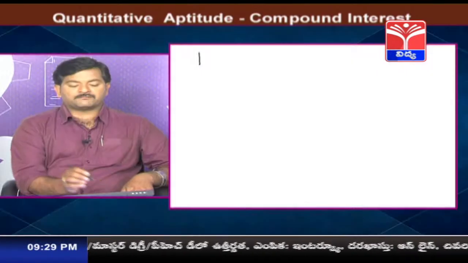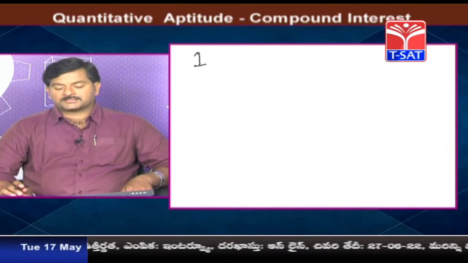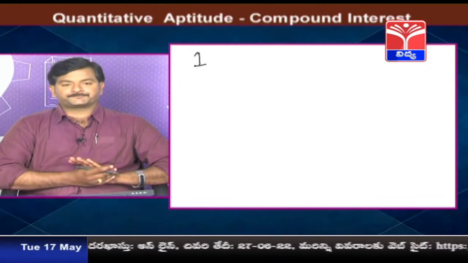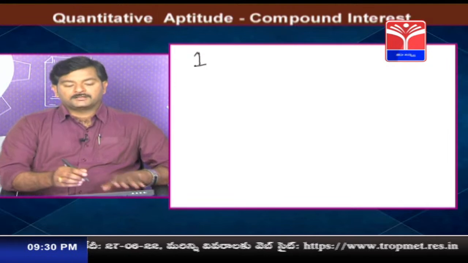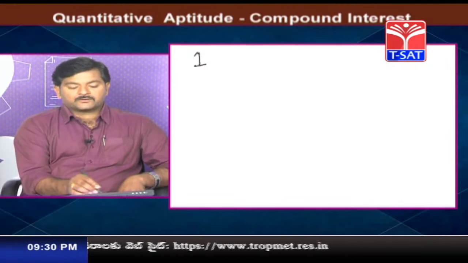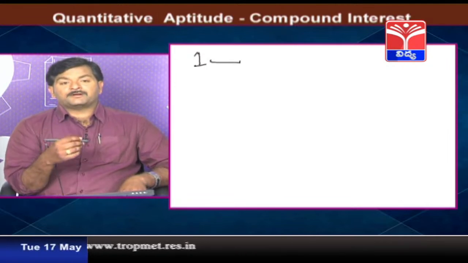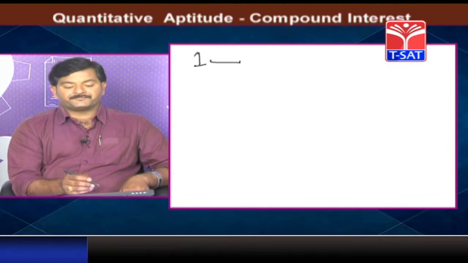There is one small logical trick also. By using that trick we can solve this. For our simplicity, suppose a person borrowed only 1 rupee. This borrowed 1 rupee will be doubled every 15 years.